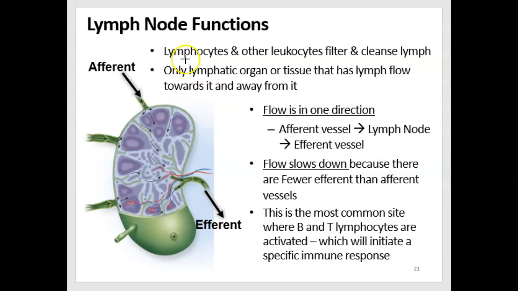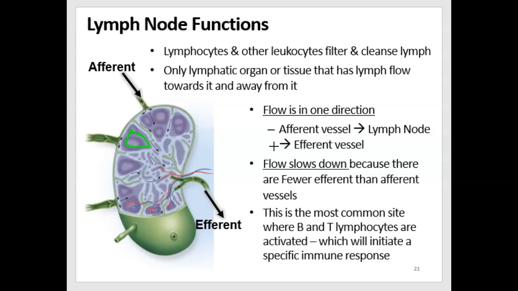So the lymphocytes and the leukocytes that exist inside the lymph node act to filter and cleanse the lymph as the lymph moves through the lymph node. This is the only organ or tissue that receives lymphatic flow and sends lymphatic flow away from it.